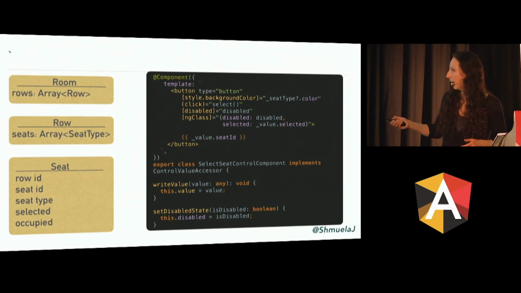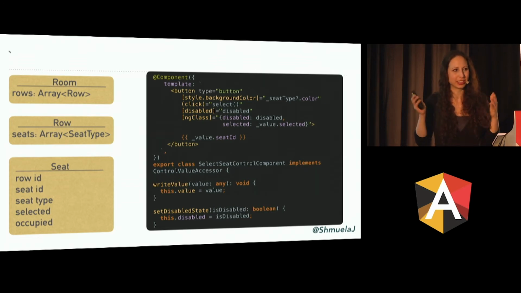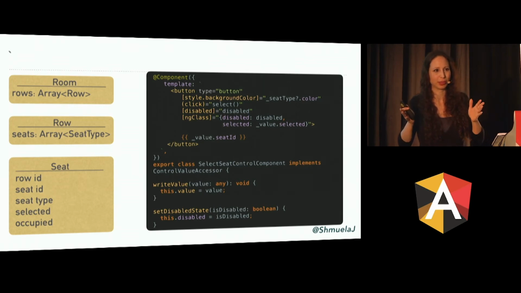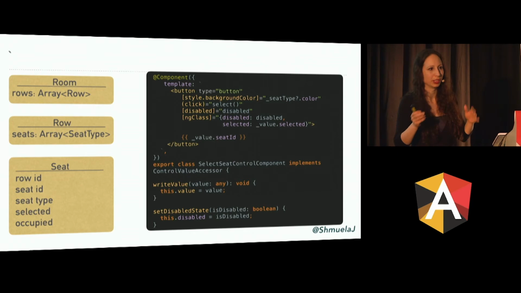To make it a form control, it needs to implement writeValue, and we're also implementing setDisabledState because we actually care about disabling this. It's only a snippet of this code, but these are the important things that you need to implement.